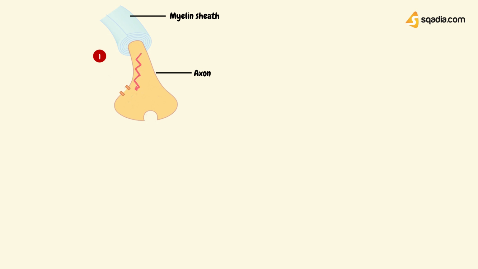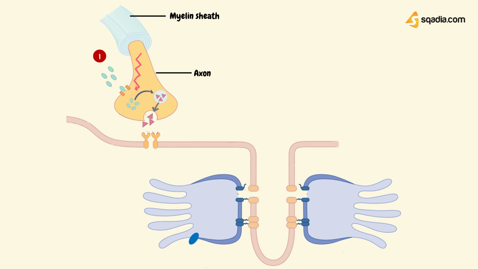In the first step, action potential opens presynaptic voltage-gated calcium channels, inducing acetylcholine release. As you can see, the release of acetylcholine from acetylcholine vesicles.